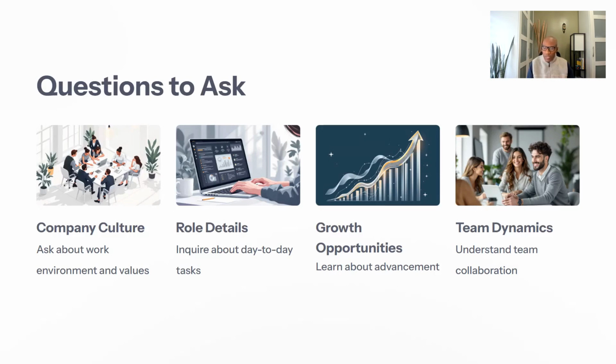Think of the opportunities. What are some growth opportunities? Learn about the environment and some advantages of what's happening in the organization, and be positive about these things. Consider the team dynamics and try to understand how you would work with these teams. How do we collaborate? How do we work on projects together? Make sure that you're showing enthusiasm that you want to be a part of this.